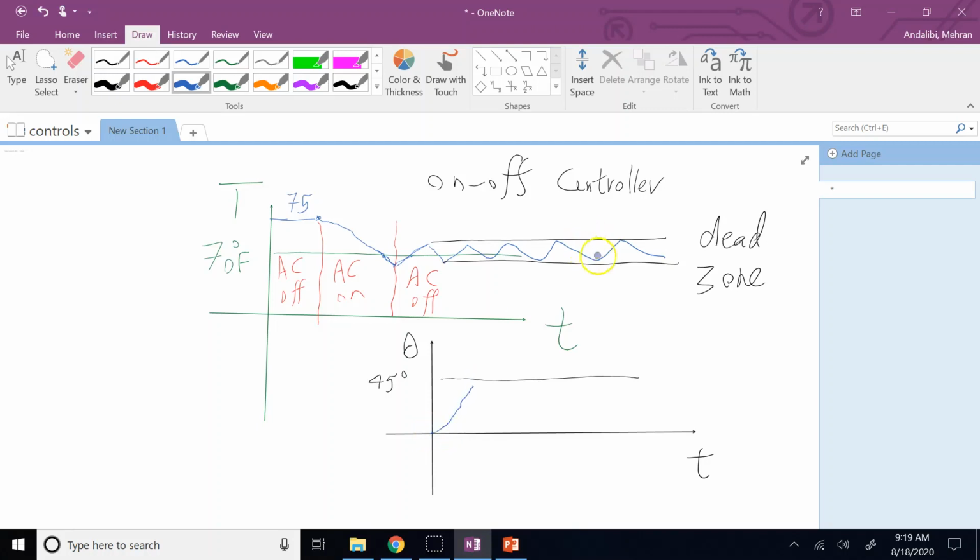But if the same behavior happened that happened for the thermocouple and room temperature system, what would you see? If it goes to 46 degrees, then goes to 43 or 44 and keeps oscillating, it means your servo will never stop. It keeps going back and forth around the desired angle.